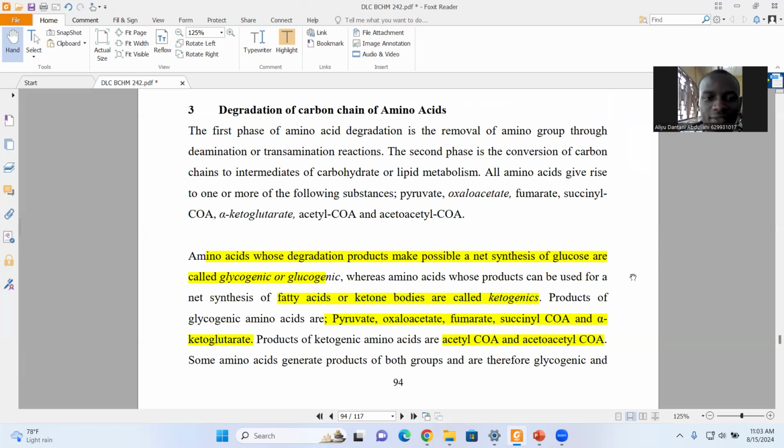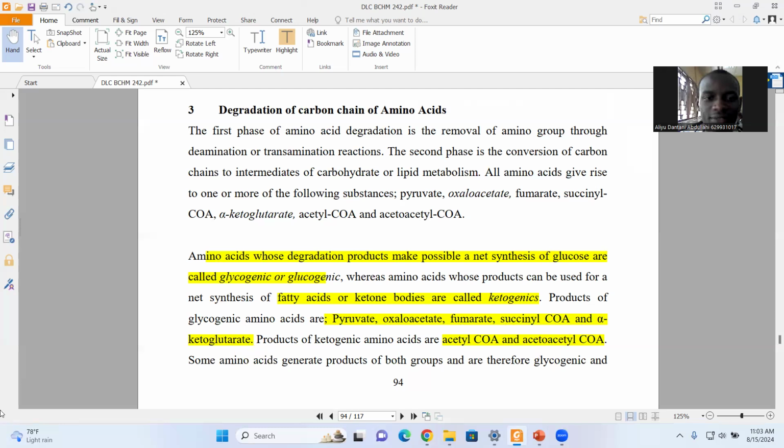Now the products of glucogenic amino acids can be pyruvate, oxaloacetate. Aspartate can be converted to oxaloacetate, right? Fumarate, succinyl-CoA, alpha ketoglutarate, proline, glutamine, glutamate.